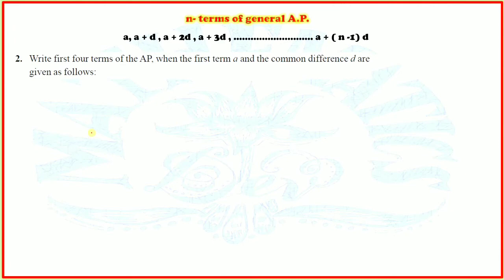So based on this, let us take another question. Write the first four terms of the AP when the first term a and the common difference d are given as follows: a is equal to 10 and d is equal to 10. Now we will put this value of a and d in the general terms: this is first, second, third, and this is fourth.